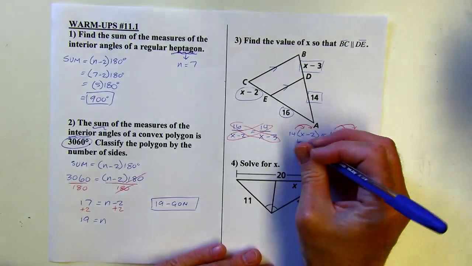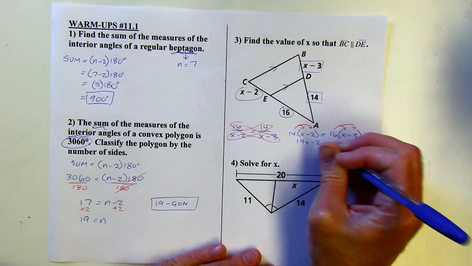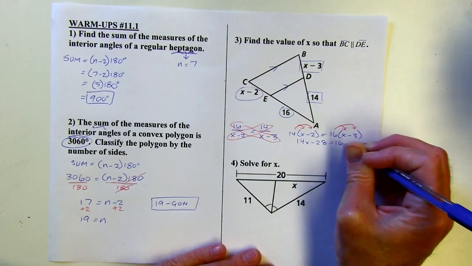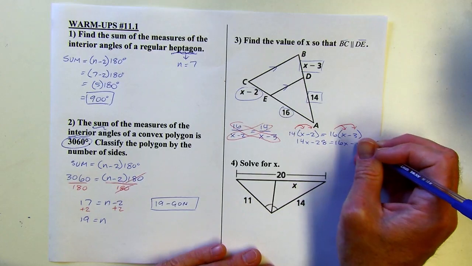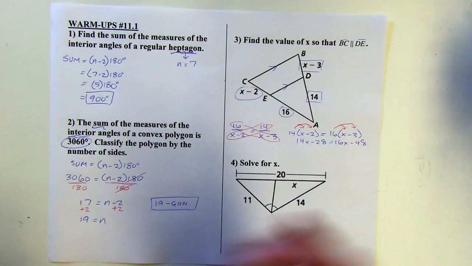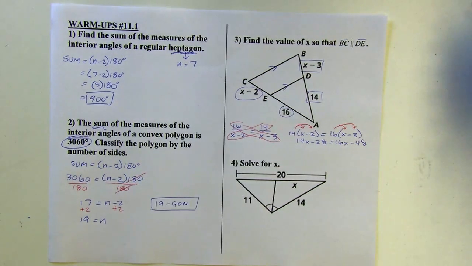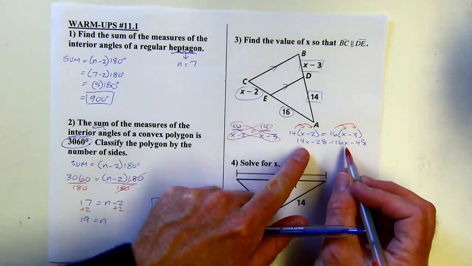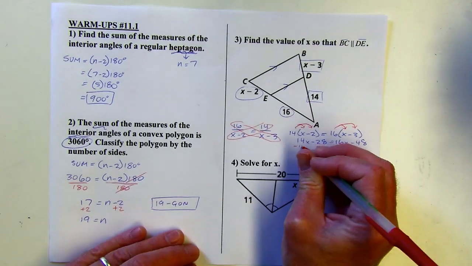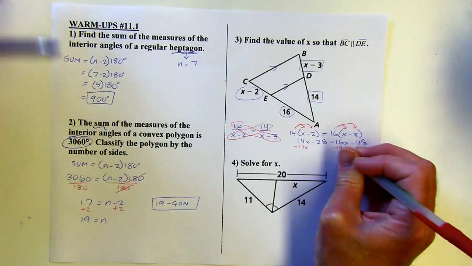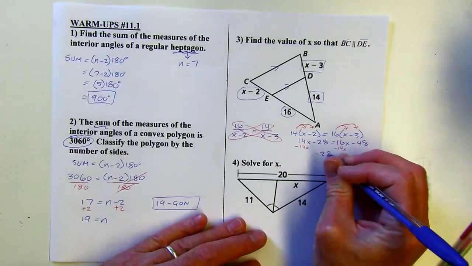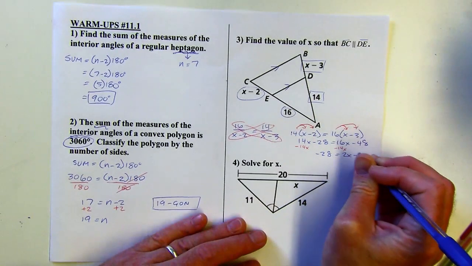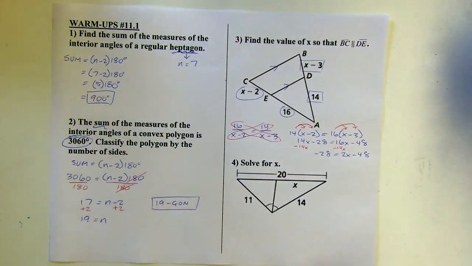Okay, so I've got 14x minus 28 and 16x minus 48. Okay, now I want to combine like terms, so I want to get these x terms on the same side. Let's subtract 14x from both sides. Give myself enough space here.